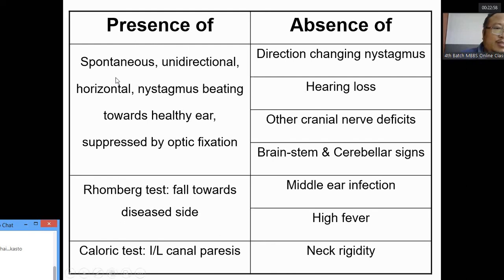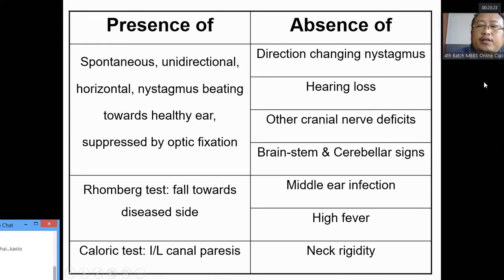There is spontaneous unidirectional horizontal nystagmus, where the fast phase beats towards the healthy ear, which is suppressed by optic fixation. The Romberg test falls toward the diseased side, and caloric test shows canal paresis. This is the presentation.